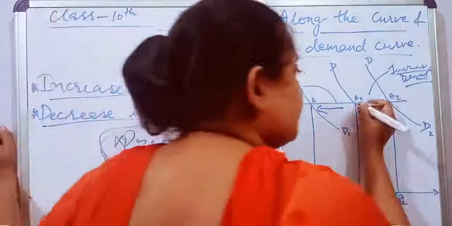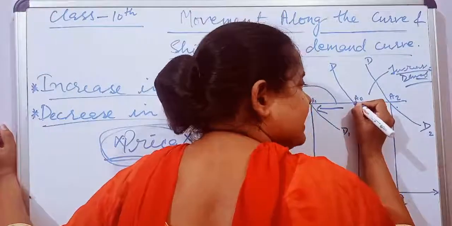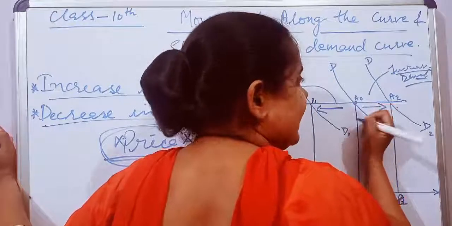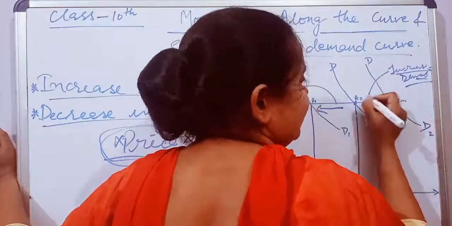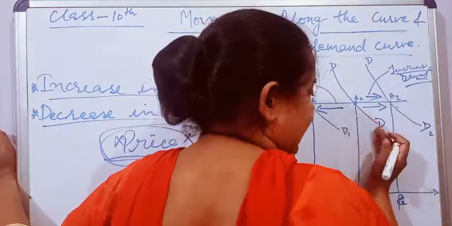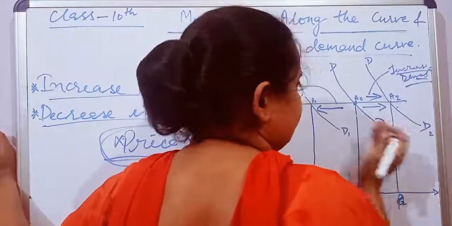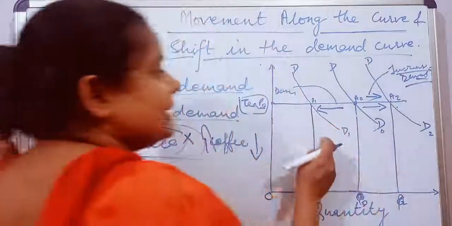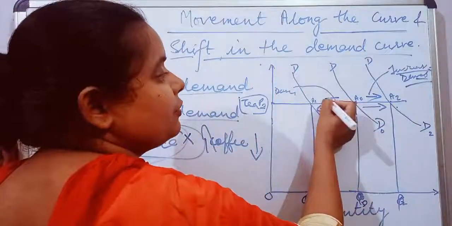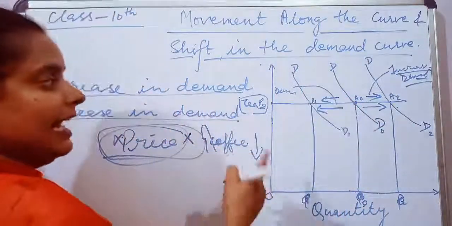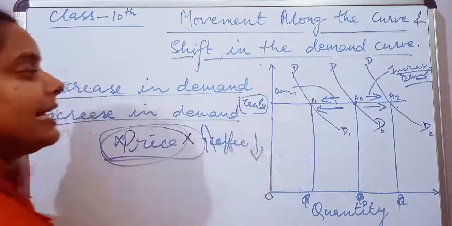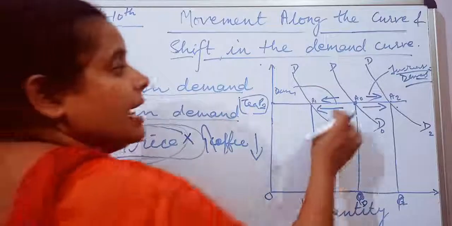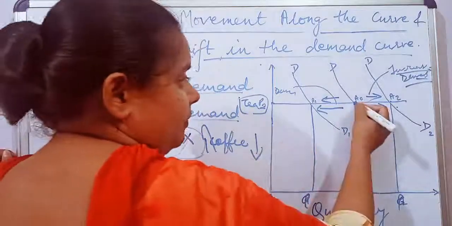Now see, first it is A0. In case of increase, it will move from A0 to A2, this right side. And in case of decrease, it will shift from A0 to A1. Now see the explanation of this diagram. How will you write it? When the price of a commodity is P0, the demand is Q0.